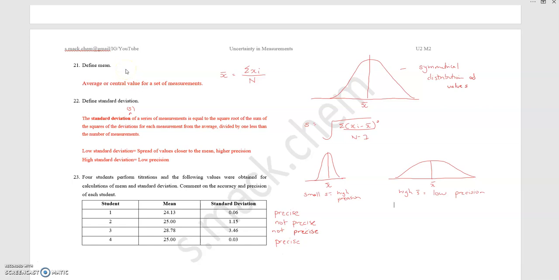So usually in a titration, your value might center around 25.00, and coincidentally, in these experimental values, we see that more than one student got 25.00 as their central value, which we are going to use as our true and accepted value. Therefore, that means student 2 and 4, we are going to say that they were both accurate.